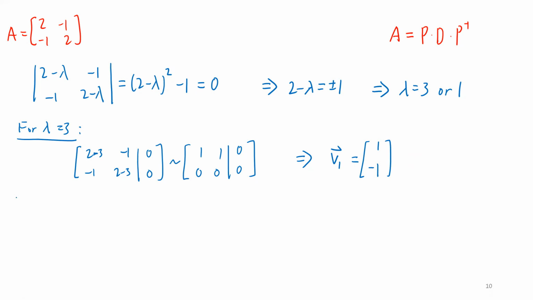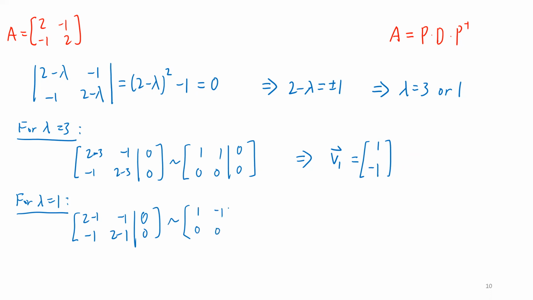Similarly, for the other eigenvalue, lambda equals 1, my system becomes 2 minus 1, minus 1, minus 1, 2 minus 1. After Gaussian elimination, that would be 1, minus 1, 0, 0, 0, 0.